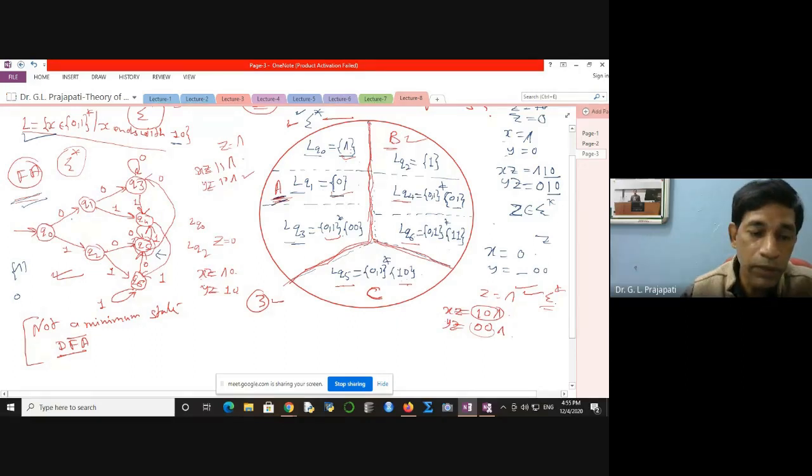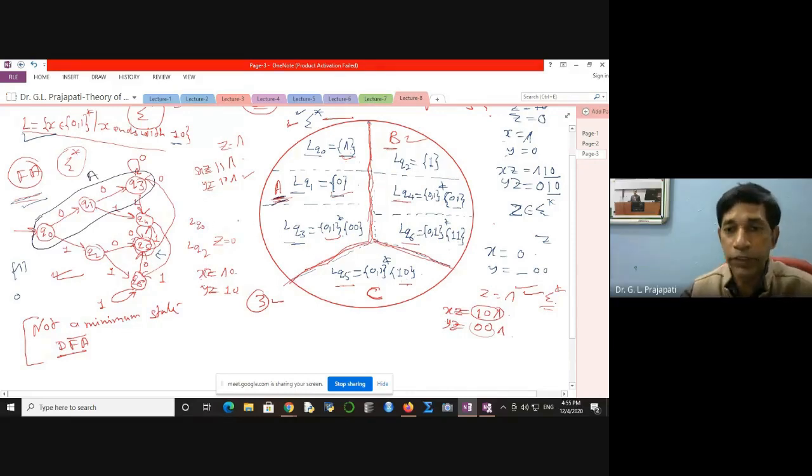This means your FA has an unnecessarily large number of states and you need to merge the states Q0, Q1 and Q3 to form one state. This corresponds to A, say for example.